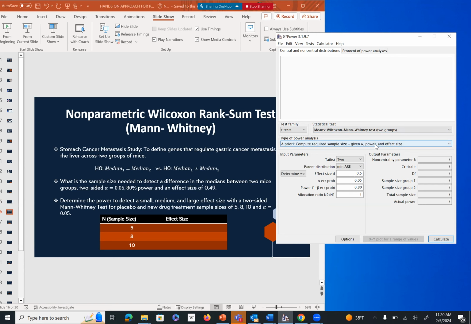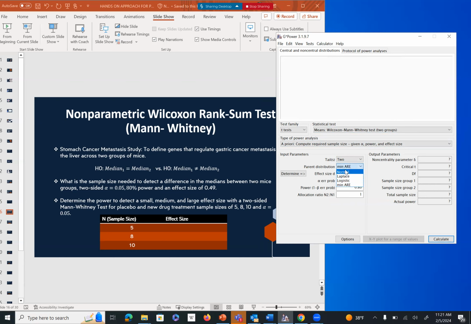You're comparing the difference between the two groups, but you're not assuming that they're normally distributed. And then here, there's some information: whether it's a one-tailed test you're interested in or a two-tailed test, and the parent distribution. There's a few options in parent distribution.